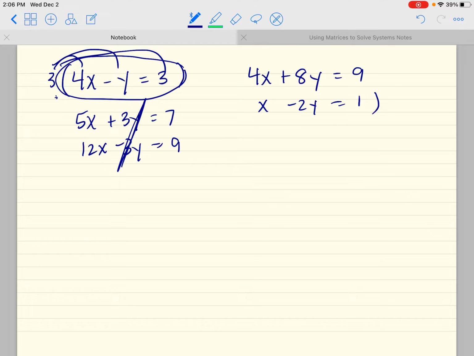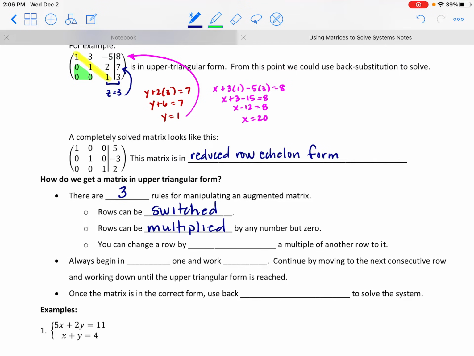Instead of multiplying this equation by 4, maybe I want to divide the first equation by 4. So if I took this one and multiplied it by a fourth, or divided by 4, same thing, I'd get 1x, and I would have 2y, and then an ugly fraction over here, but it's a doable thing, okay? So we are allowed to do that with matrices as well. We can multiply by a non-zero number.